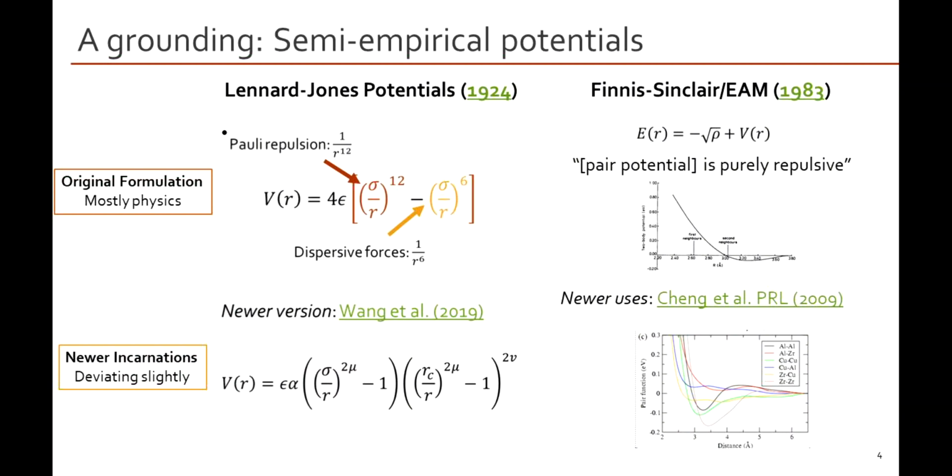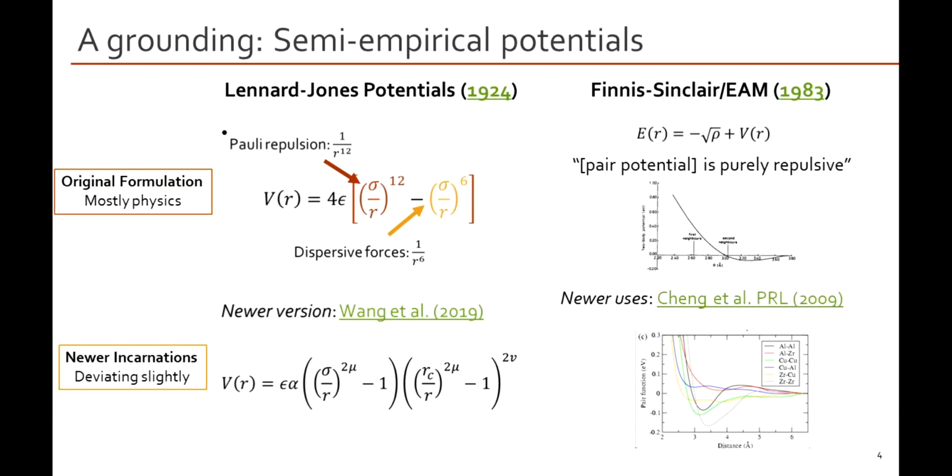There's work from 2019 that changes the functional form of this Lennard-Jones model to make it more computationally efficient to compute, and work with embedded atom method / Finnis-Sinclair potentials, where I introduce many more degrees of freedom into the model. As you can see, these pair potentials have much more variation in their curvature than the original models from 1983, which gives them greater prediction accuracy.